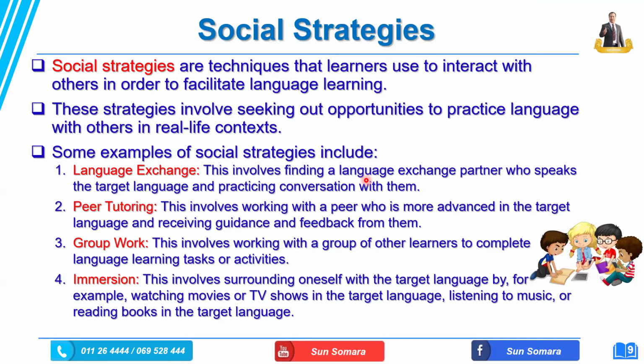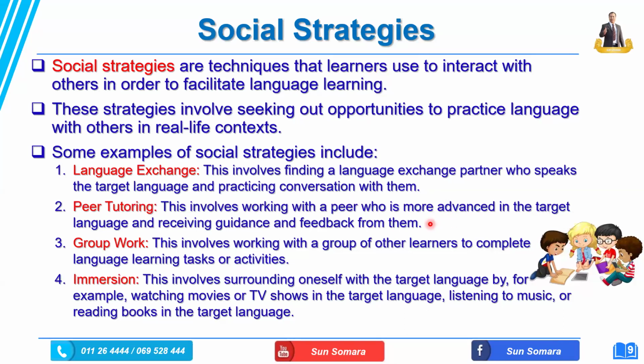Social strategies are techniques that learners use to interact with others in order to facilitate language learning. These strategies involve seeking out opportunities to practice language with others in real life contexts. Some examples of social strategies include language exchange, which involves finding a language exchange partner who speaks the target language and practicing conversation with them.